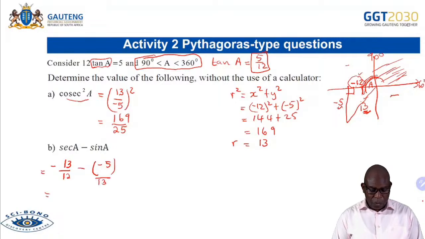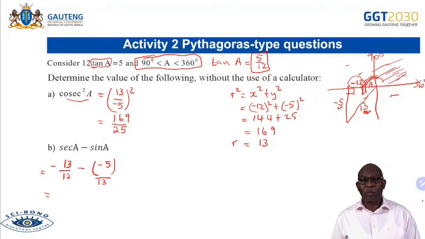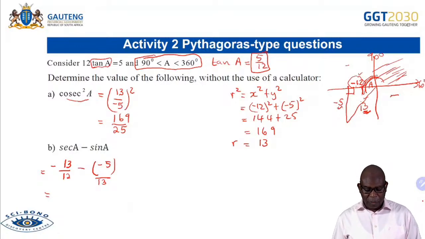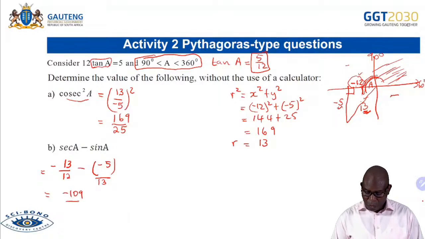So here you can use a calculator, but do not put decimals, please. So if I use my calculator there, negative 13 over 12 minus negative 5 over 13, my answer there will be negative 109 all over 156.